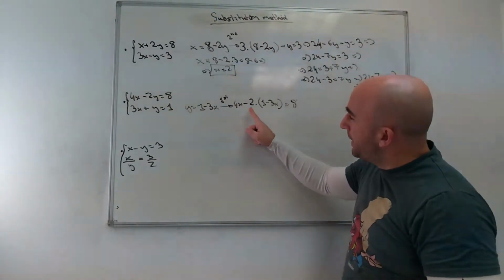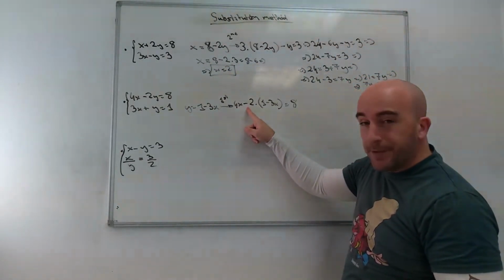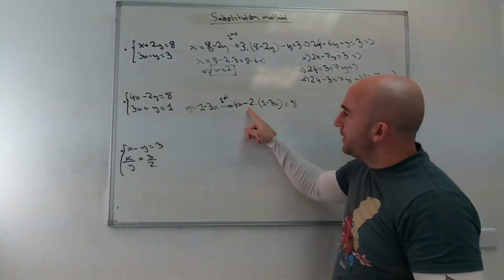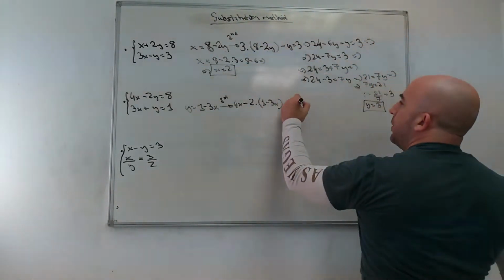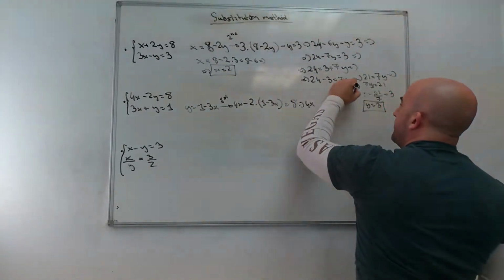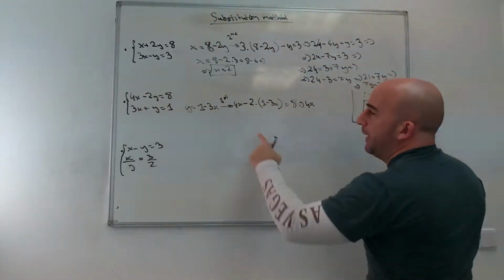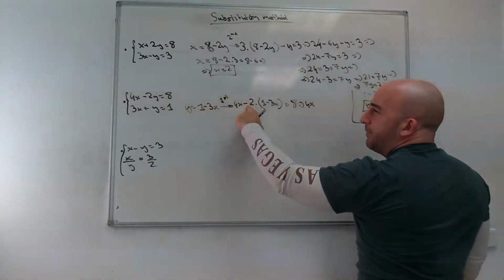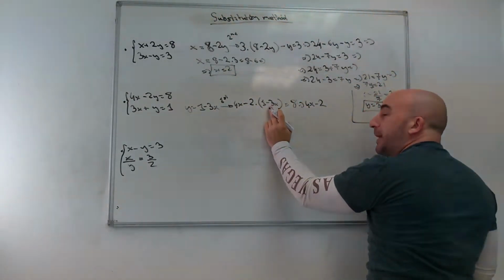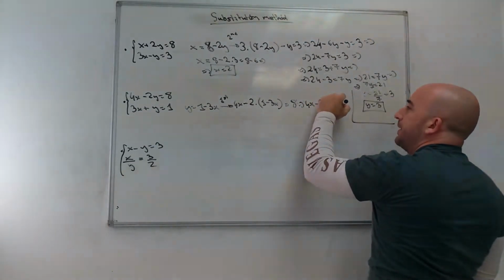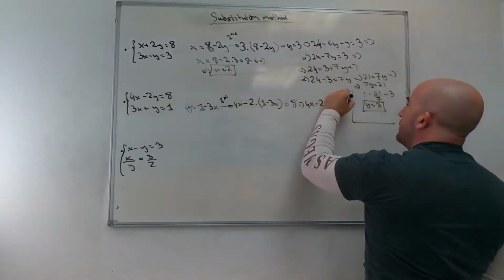Okay. Now be careful when you're multiplying with a negative number. Be careful with the mistakes that everyone makes when they're multiplying. You have to change the sign. So you get 4x, and it's minus 2 times 1, it's minus 2. And then it's minus 2 times minus 3, that's plus 6x. Be careful with that. Equals 8.